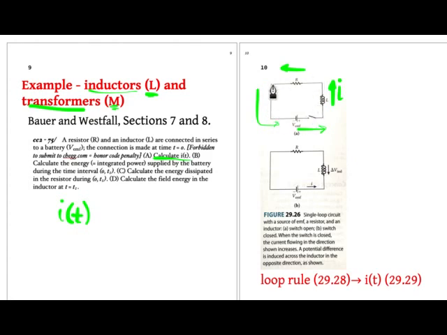I have just a single loop. So this is a circuit with one loop. I apply Kirchhoff's loop rule. The change in the potential around the loop must be 0. So the change in potential across the battery is V. The change in potential across the inductor is minus L di dt.